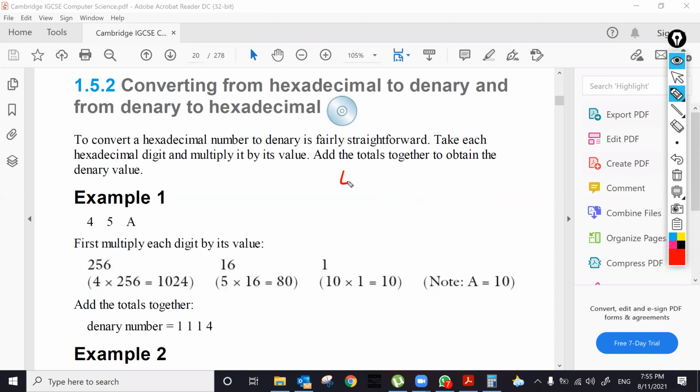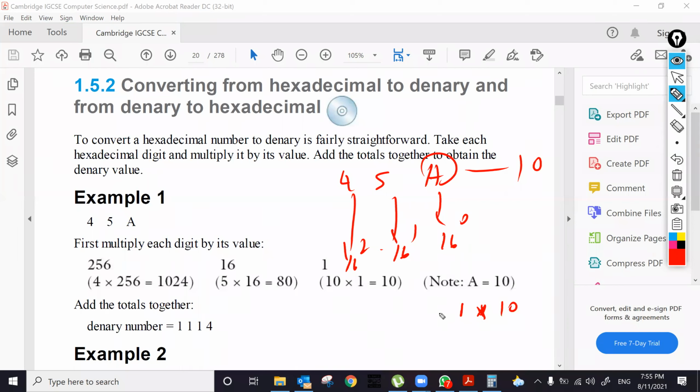Now we'll come to 45A. We know this is power 0, this is 1, this is 2. Here power 0 is 1. 1 into A, we know A refers to 10.